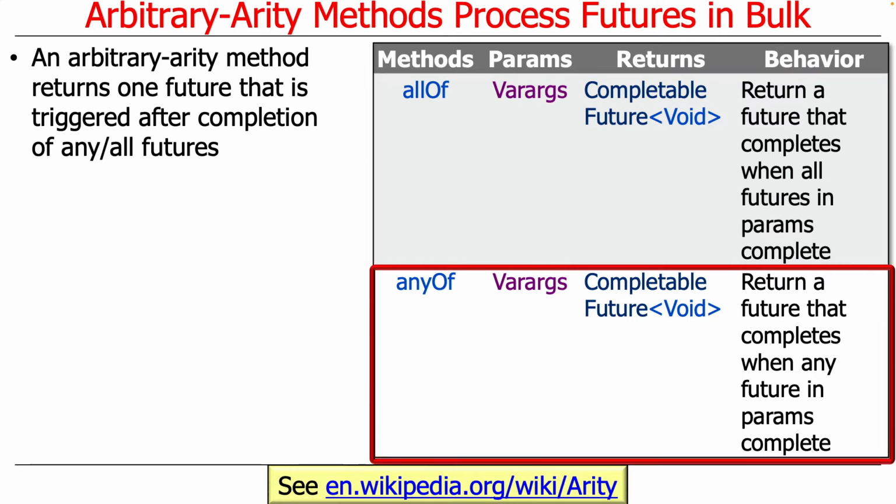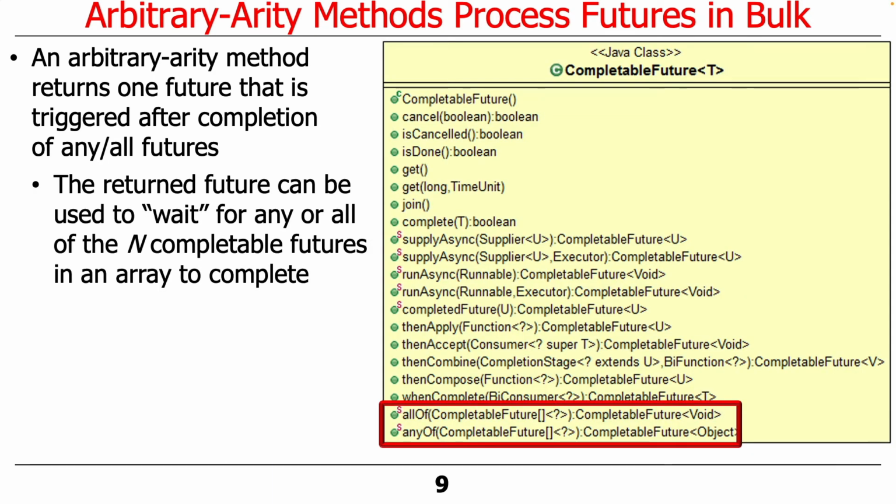The second is anyOf, and anyOf takes the same parameter, a variable length argument. It returns a completable future of void, and that completable future will trigger when the first or any of the completable futures in the parameters complete. So allOf, anyOf. Pretty straightforward concept, quite frankly.